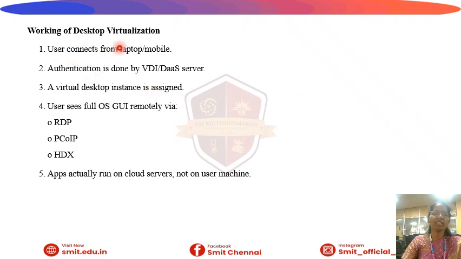Then how does desktop virtualization work? First, users connect from a laptop or mobile. Second, authentication is done by the virtual desktop infrastructure or desktop as a service; the user connection is authenticated. Next, a virtual desktop is instantly assigned.